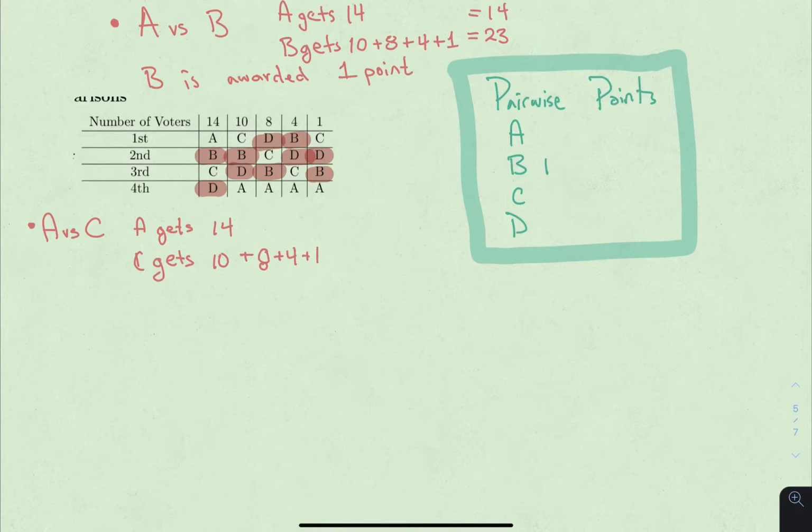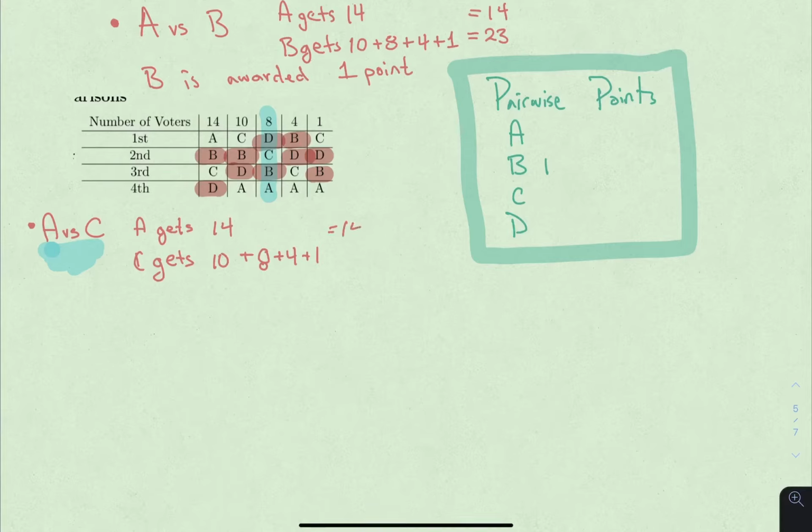We're just looking within any individual column, and we're saying, look, C wasn't their favorite. Those 8 people chose D as their favorite. But if D was not on the ballot, then they would have chosen C above A. You can at least see that. And so in this matchup where it's only A and C, C gets those 8 votes.